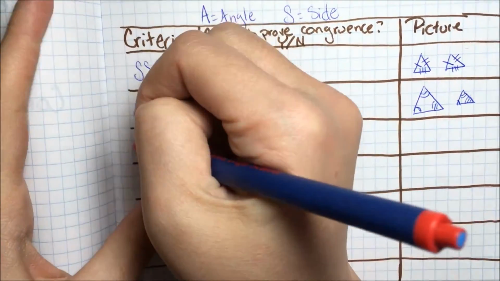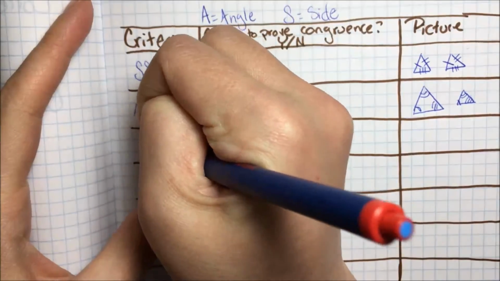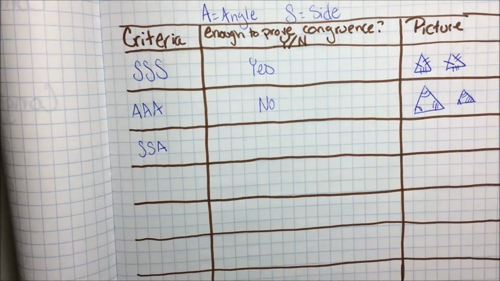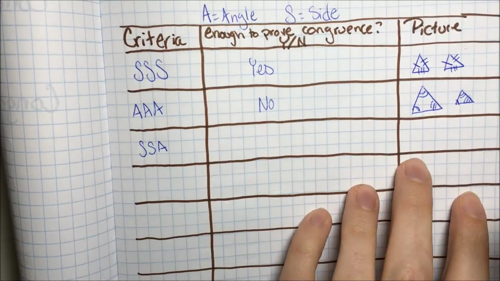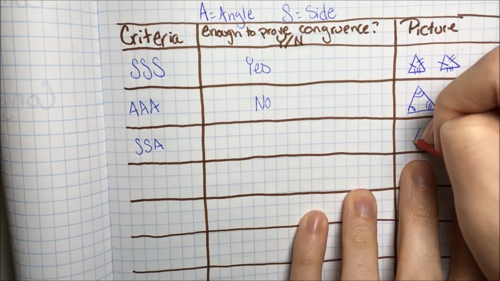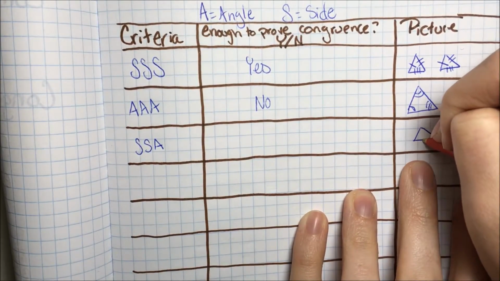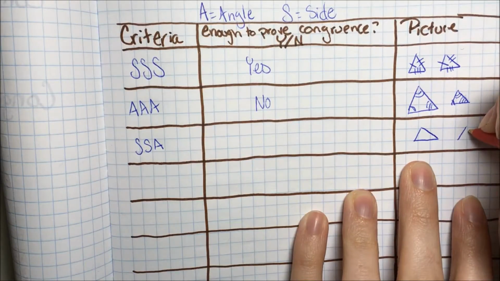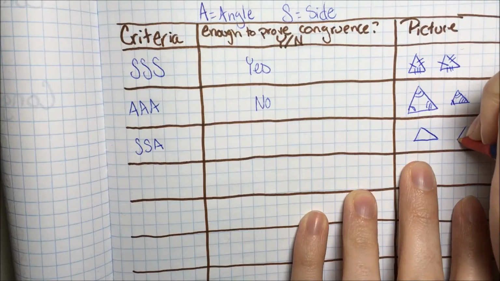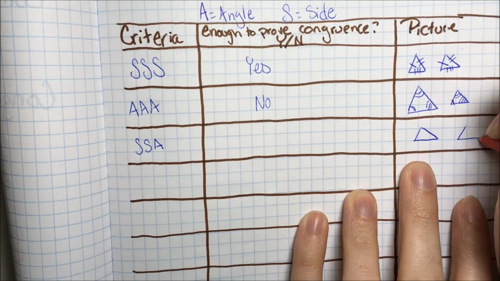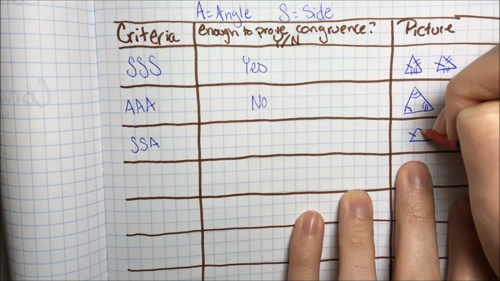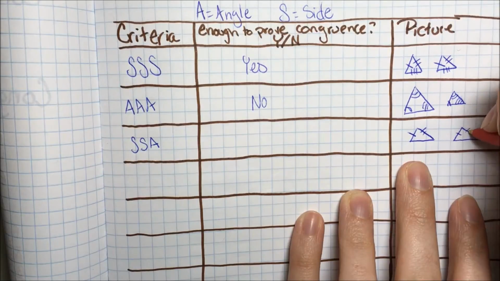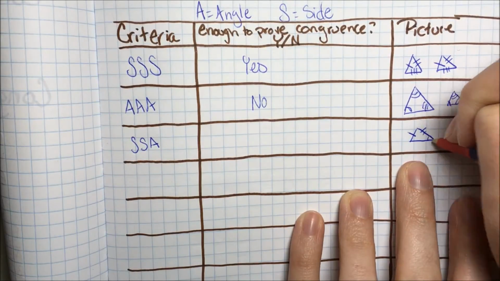The next criteria we'll look at is side, side, angle. And this is where the angle is not included between the two sides. So if I had to look at a picture of this, side, side, angle.